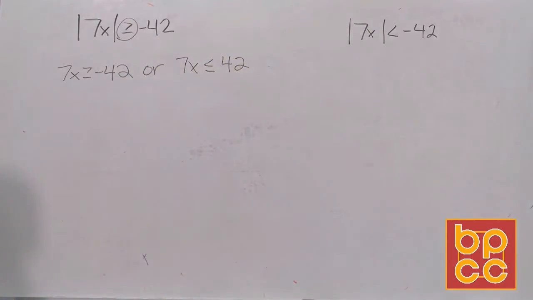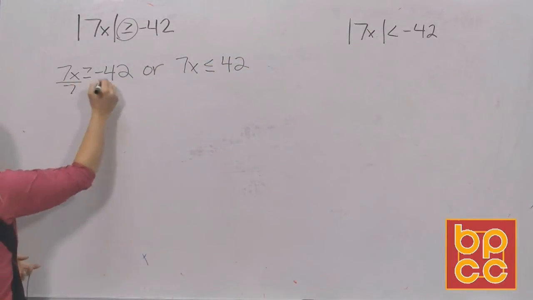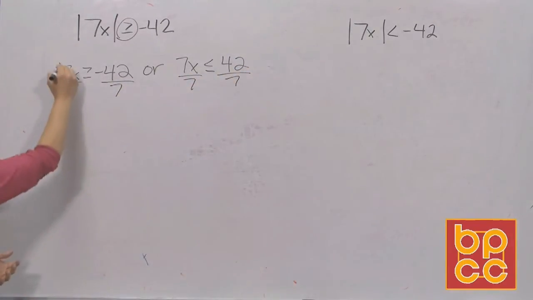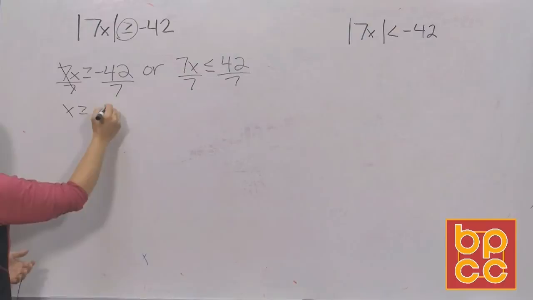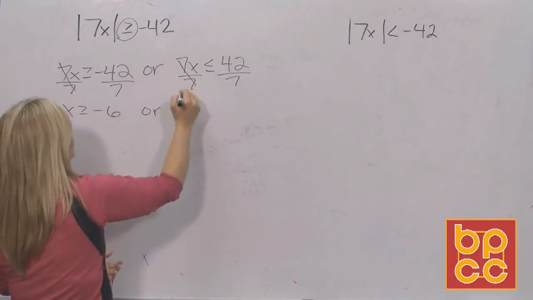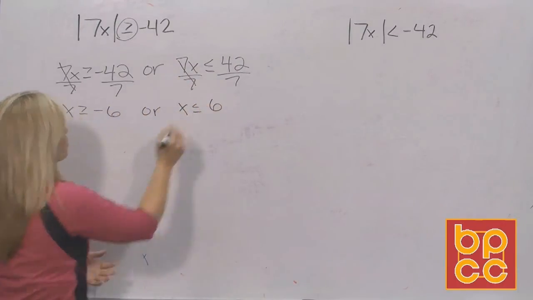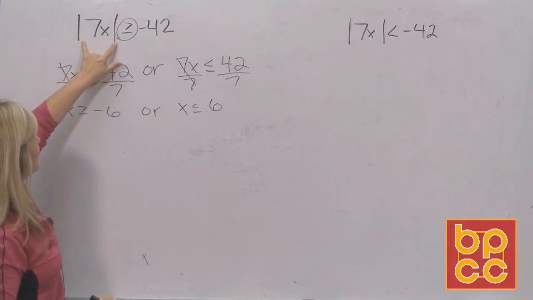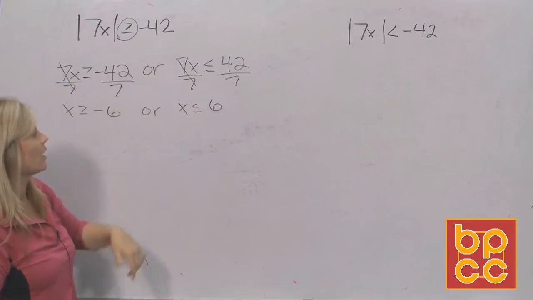Just like we've been doing. Okay, so I can always take absolute value and break it into two inequalities and solve. So if you're a procedure person, that's always the procedure. Take your absolute value, isolate it, then break it up into two inequalities and solve them.